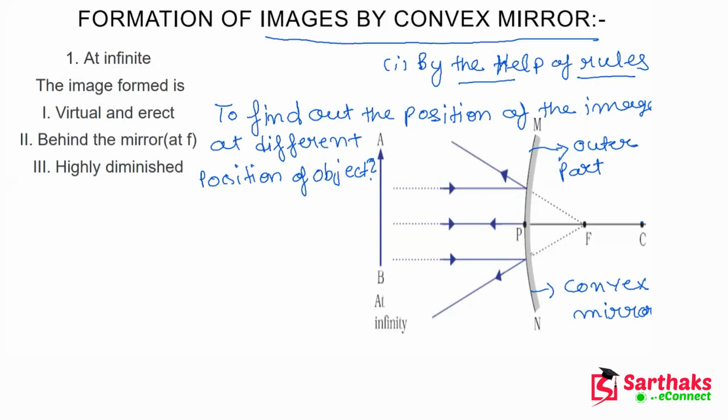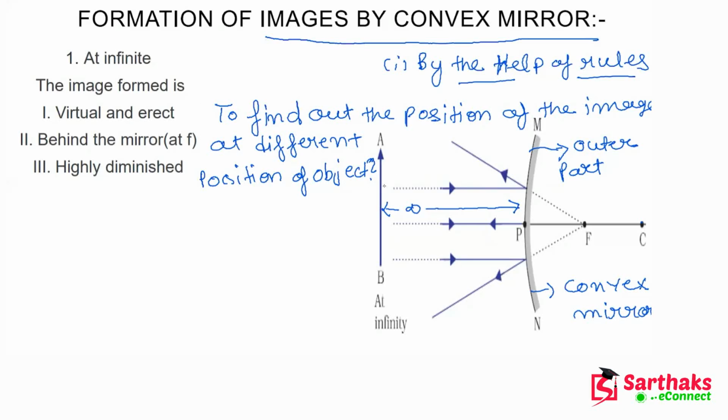It means it has been placed far away from this mirror. That's why it has been written at infinite distance. Here the distance between the mirror and the object is assumed to be infinite because it is far away from this mirror.